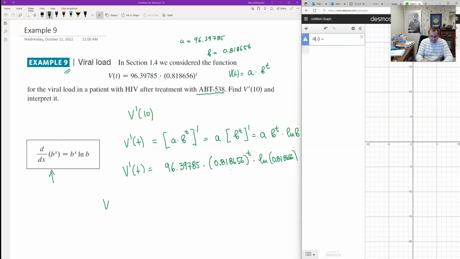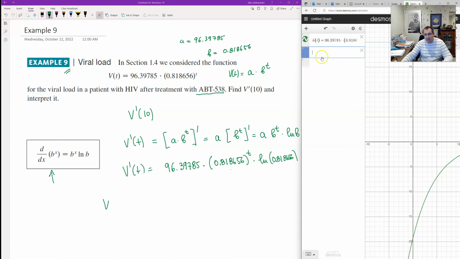This function will be given by 96.39785 multiplied by 0.818656, everything raised to exponent t, and multiplied by natural log of 0.818656 in parentheses.